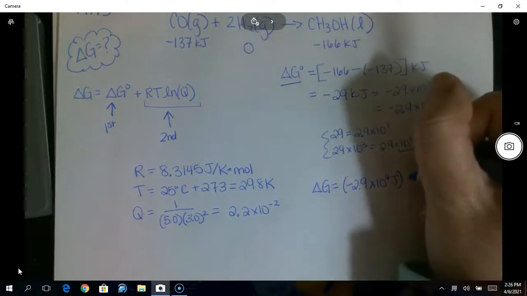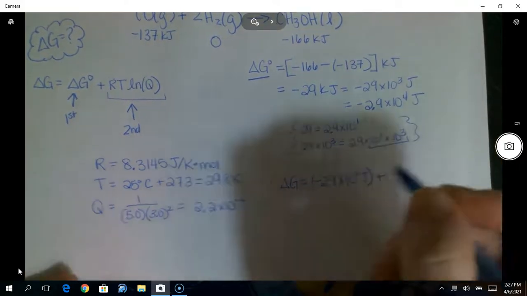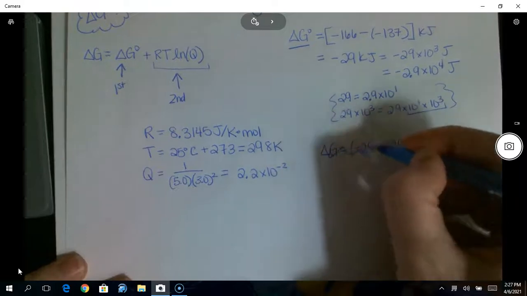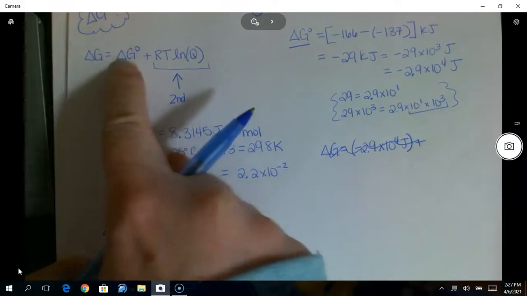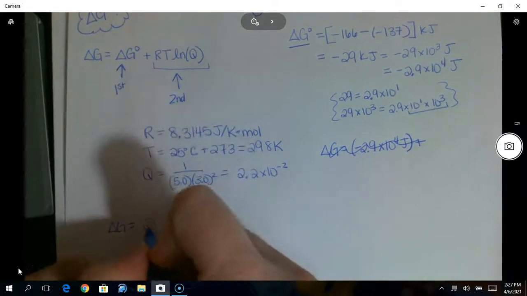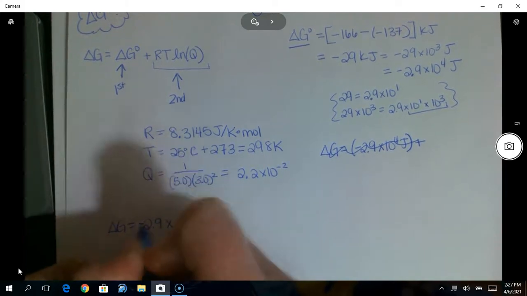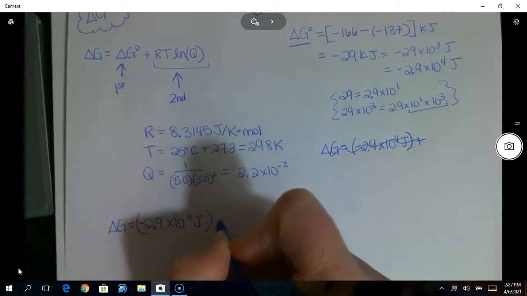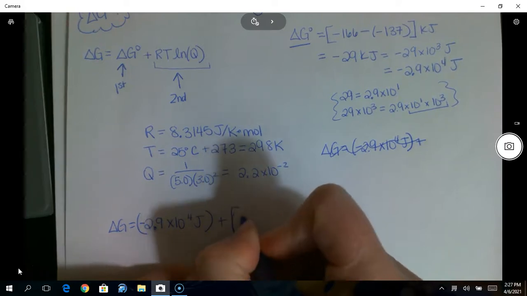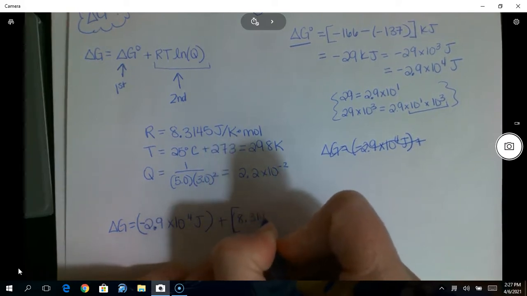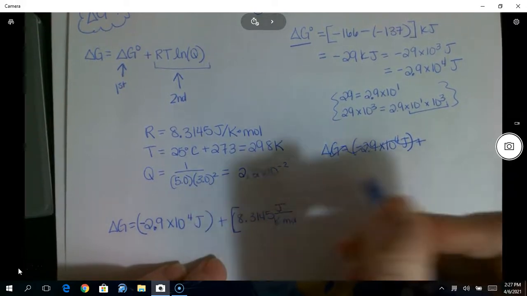I hope I have room to write all this. Plus, R is, I'm definitely not going to have room to write all this. Let's write down here. Sorry. Delta G equals. So we're using this equation. So first is our standard. So this is negative 2.9 times 10 to the 4th joules plus my R is 8.3145 joules divided by kelvins times moles.